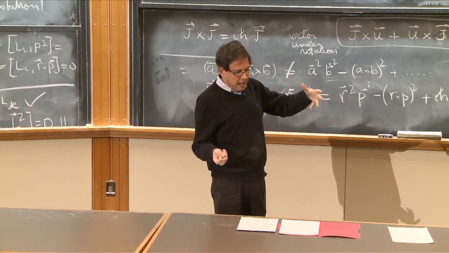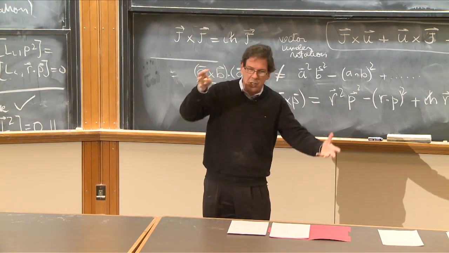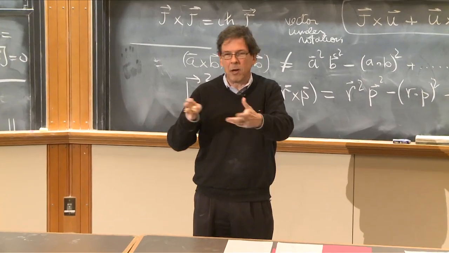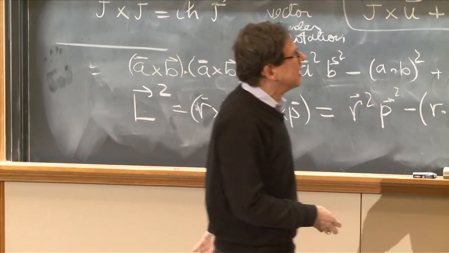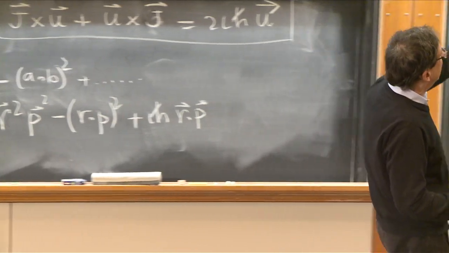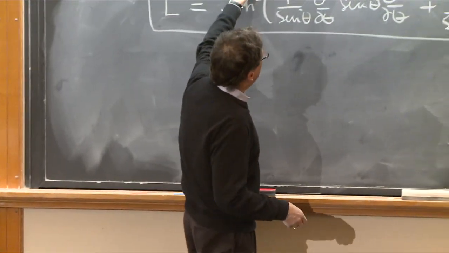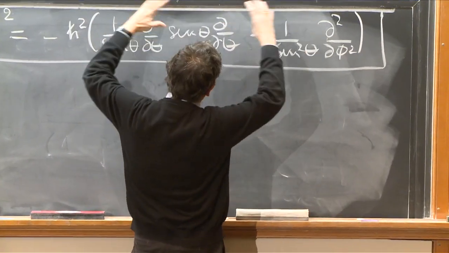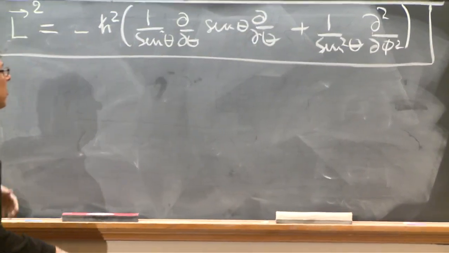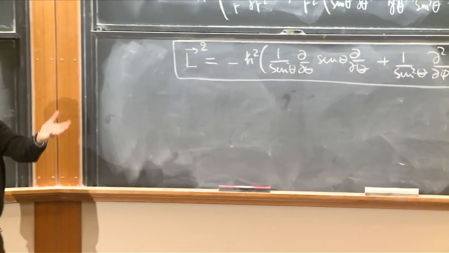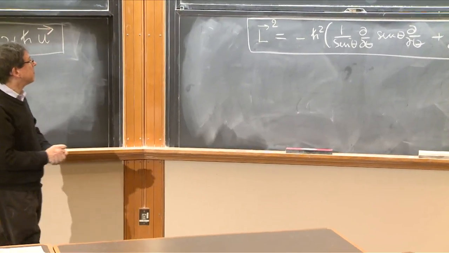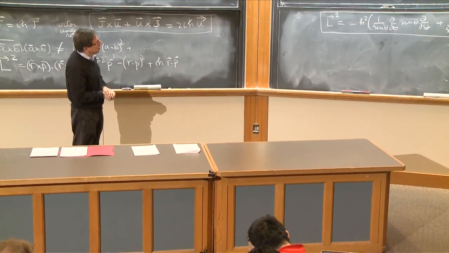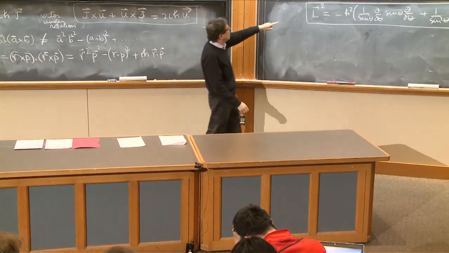L squared, L is the operator of rotation, so it shouldn't really affect the R. Shouldn't change R, modify R in any way. So it's a nice thing to confirm here that this operator can be thought of as an operator acting on the angular variables, or you could say on functions on the unit sphere, for example. It's a good thing. The other thing that you've learned here, so this is a very nice result.